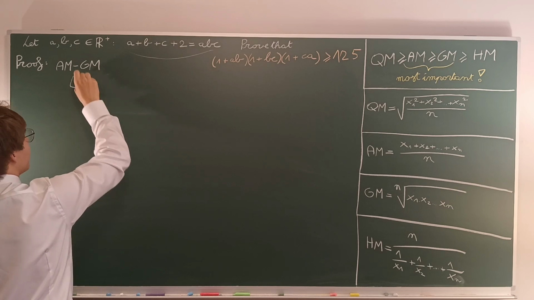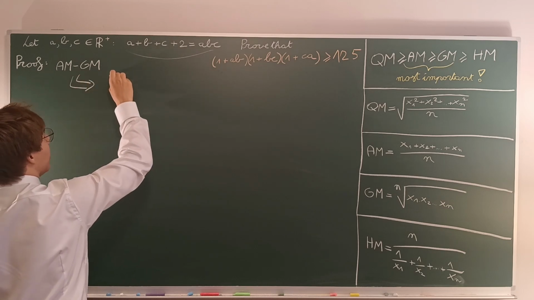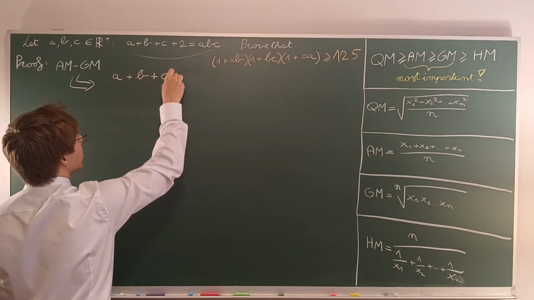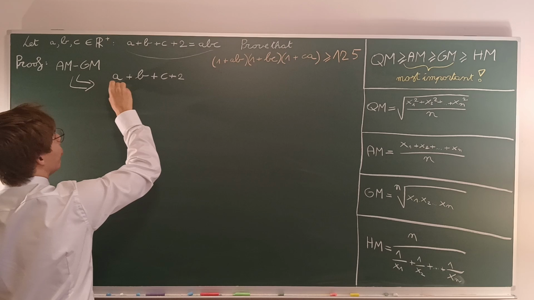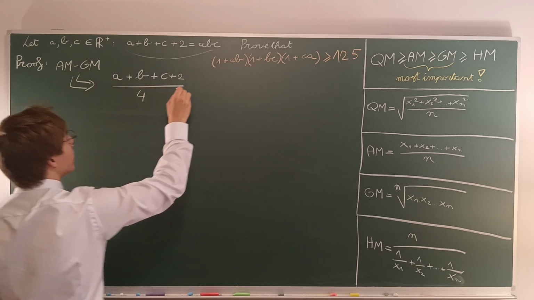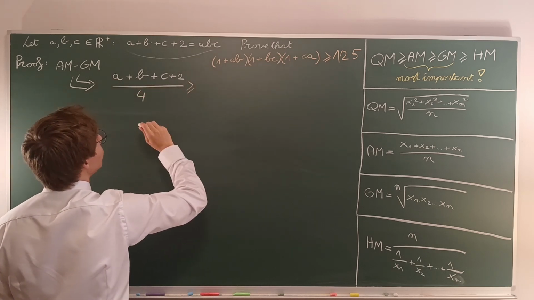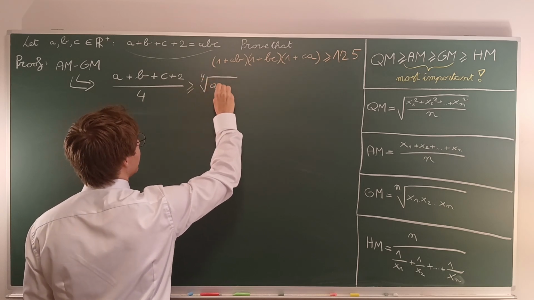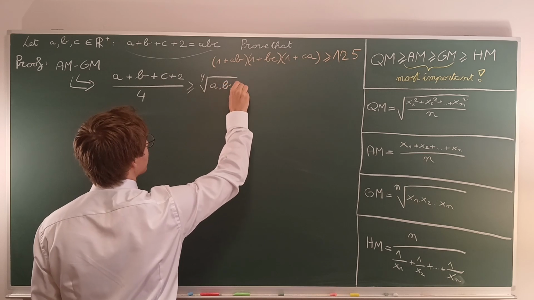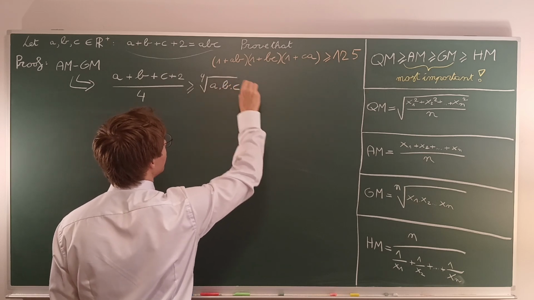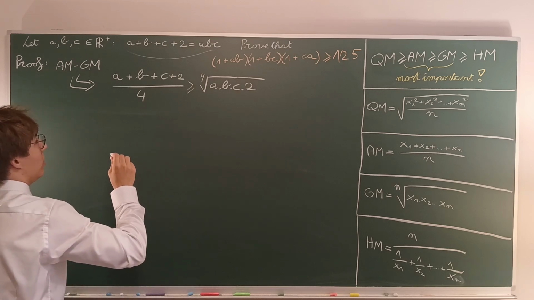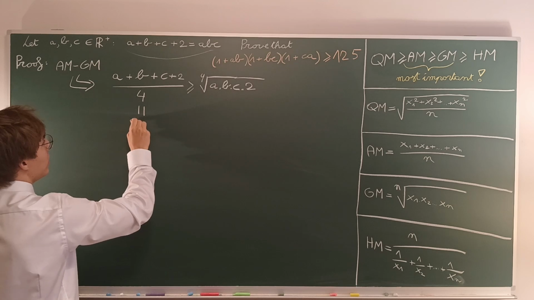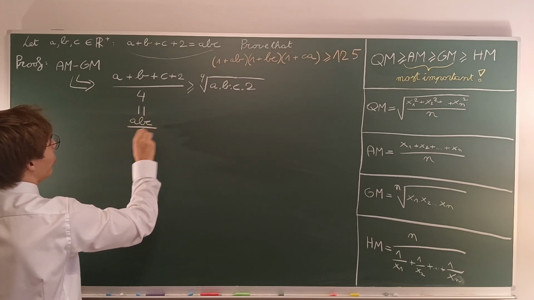So that gives us that a plus b plus c plus 2 over 4 is bigger than or equal to the fourth root of a times b times c times 2. But now notice that this is just abc over 4.